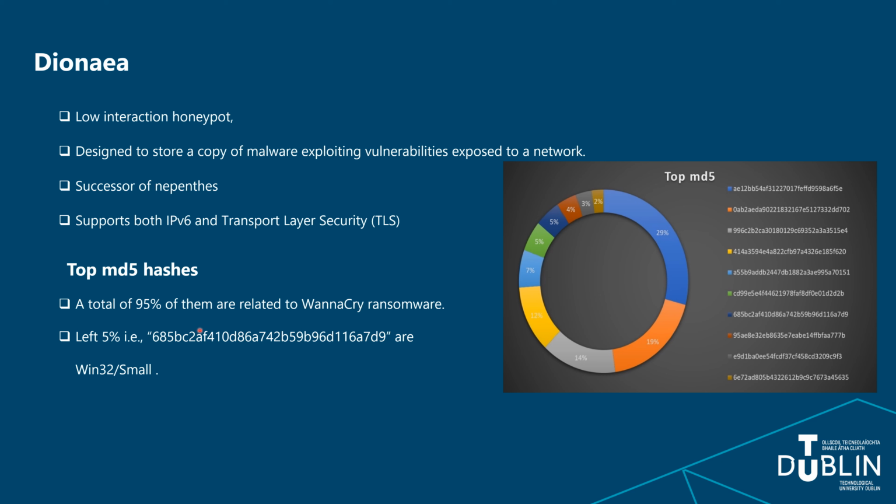Unless the host pays the money, the files will not be decrypted. The other 5% is characterized under Win32 Small, a generic malware that performs various malicious actions on the computer when infected.